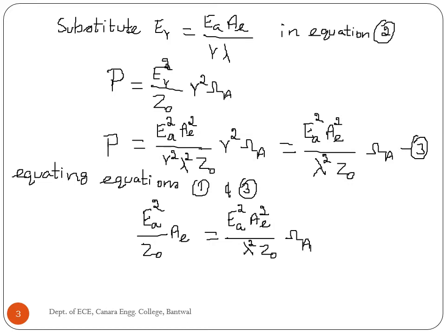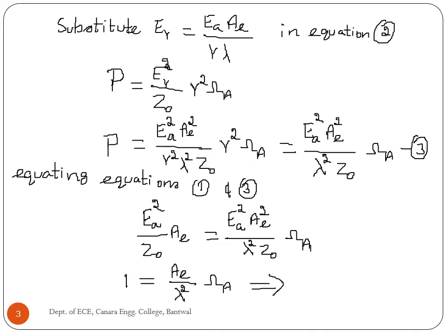When I simplify the above equation, I will get 1 is equal to AE divided by lambda square into beam area.